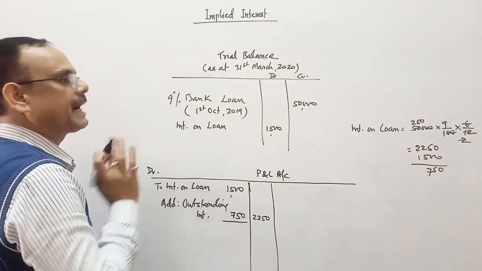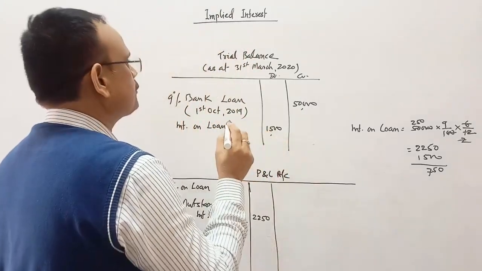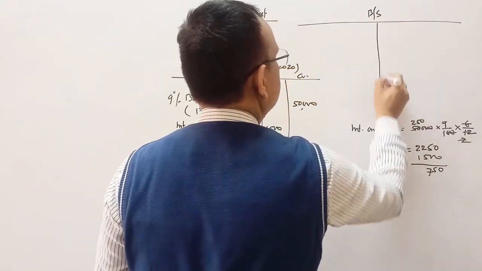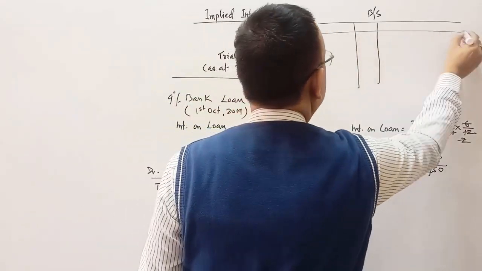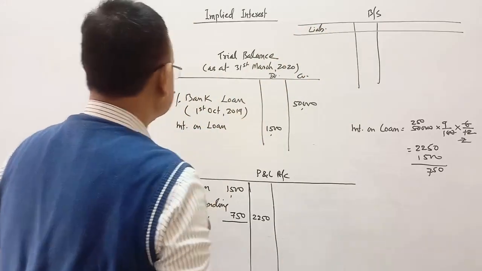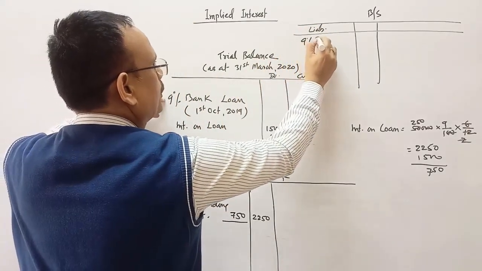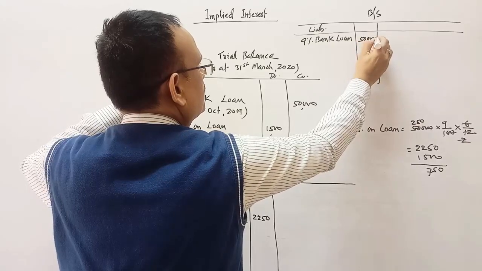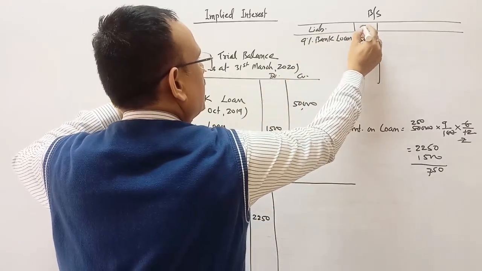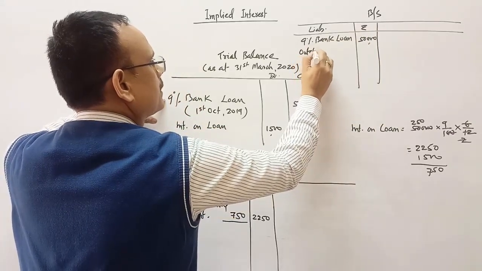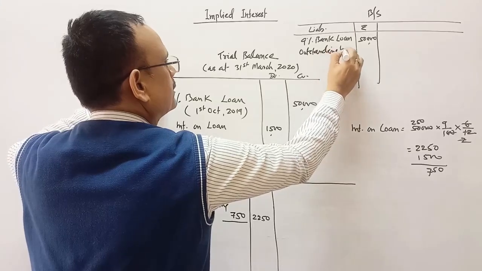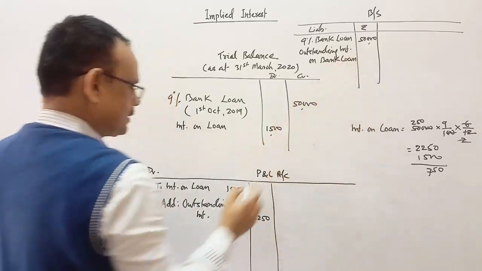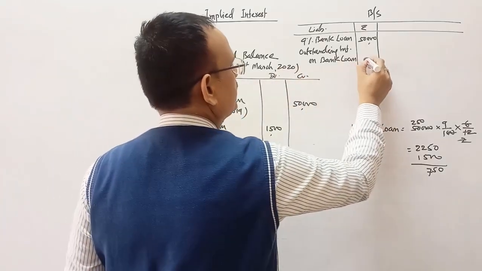The rest is outstanding. And when you prepare the balance sheet, on the liability side definitely this loan amount will be reflected: 9% bank loan of 50,000, and here outstanding interest on bank loan, 750, will be reflected as well.